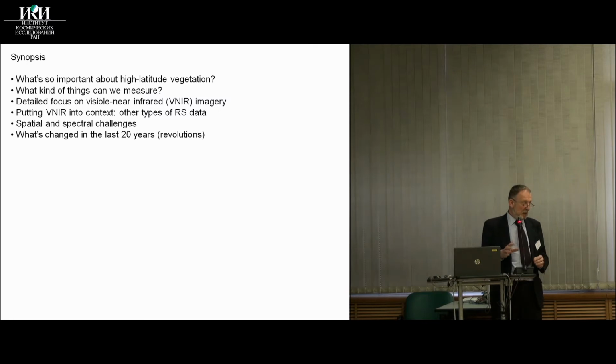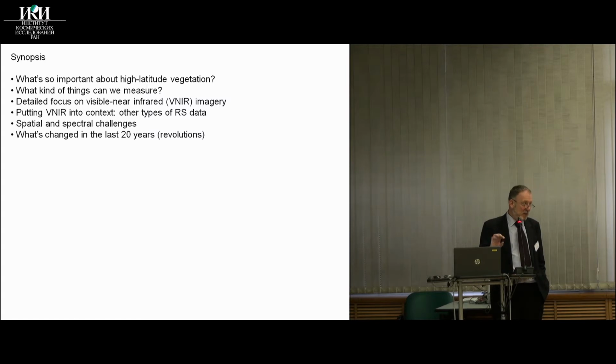And then I will talk in a reasonably fundamental way about the kind of things that we can measure. I will start by focusing on the use of visible near-infrared remote sensing imagery, but then I will try to put that in the context of other sources of data that we can use.